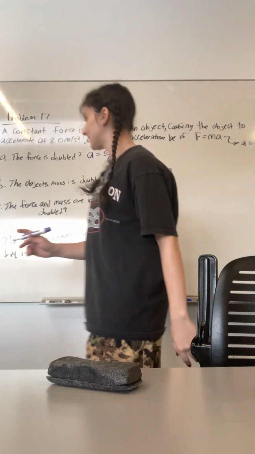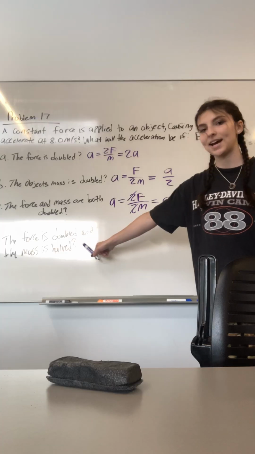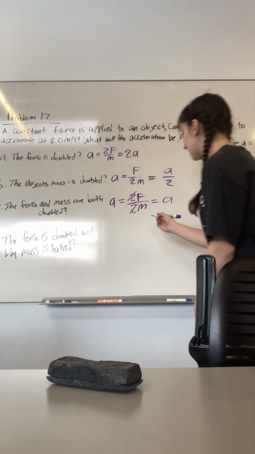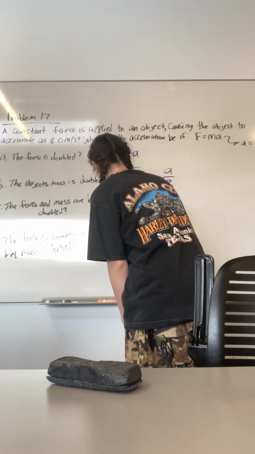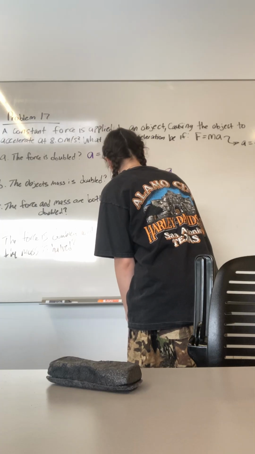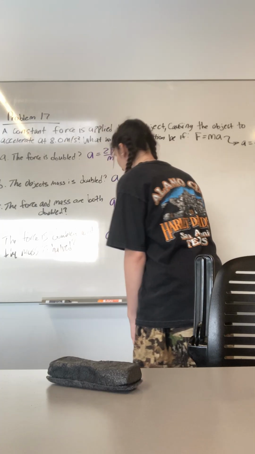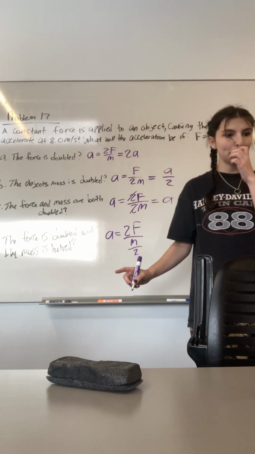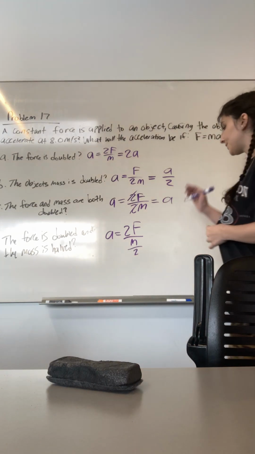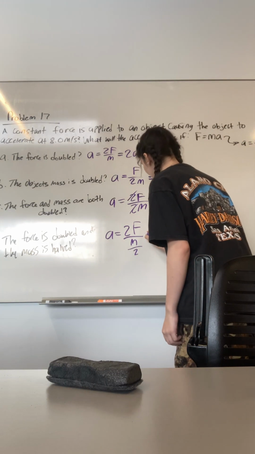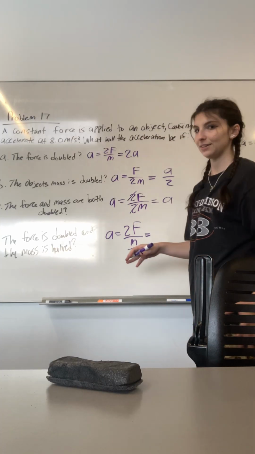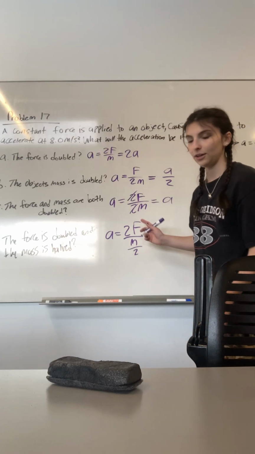Okay. So what about if the force is doubled and the mass is halved? So that'll kind of look like, I know that kind of looks weird. It's supposed to look weird, okay? So what we can do with this is turn this into a less ugly equation.